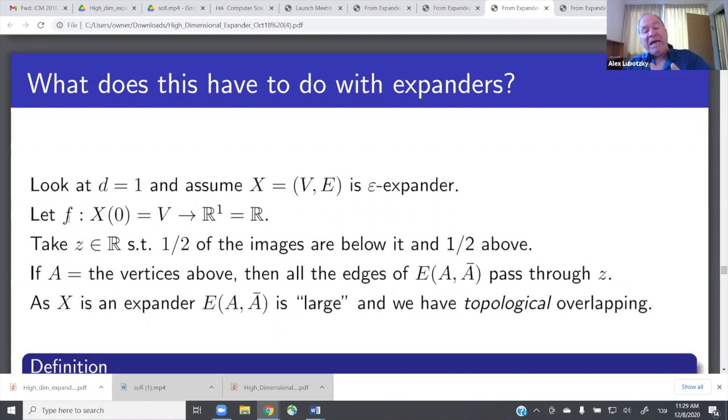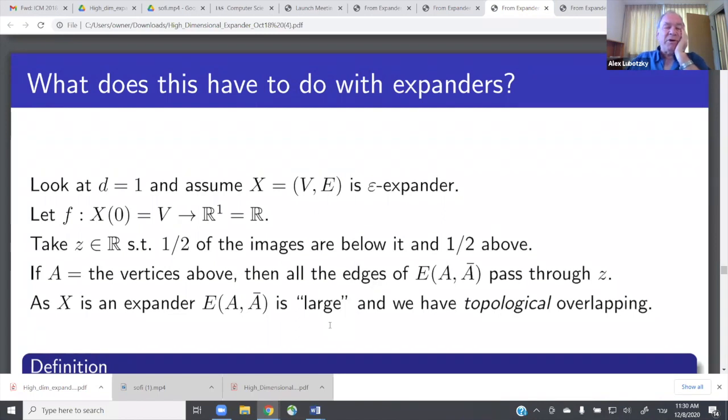So if this is an epsilon expander, it means that many edges are going through that point, and we get the topological overlapping property in a kind of trivial way. If you think about it for a second, you see that this is not a property of every graph. This is really a property of expanders, though it's slightly weaker than expander.